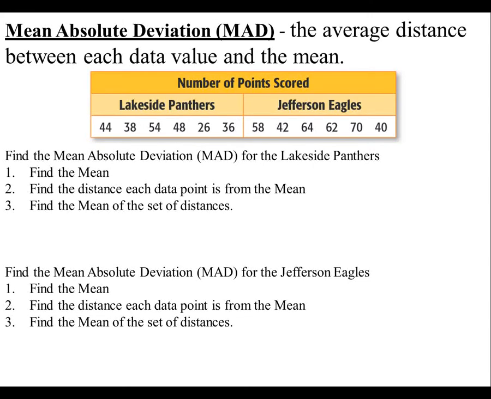So I want you to write down this definition. The mean absolute deviation is the average distance between each data value and the mean. It's on the board. Yep. But I will say it again.